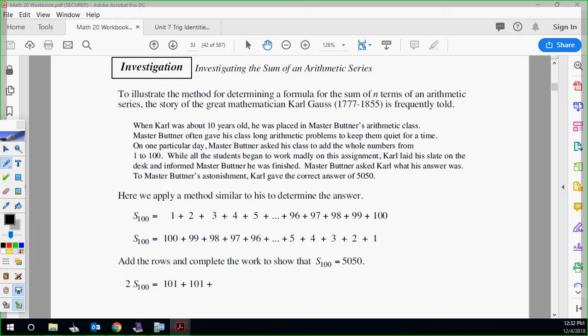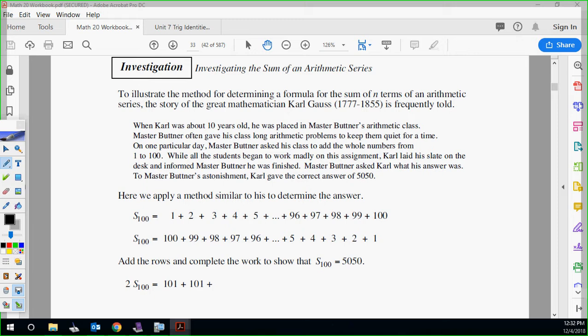Okay, but anyway, Gauss. It says, to illustrate the term and formula for sum, a great story about him was when he was 10 years old, which is crazy. He's placed in Master Butner's arithmetic class. Master Butner often gave his class long arithmetic problems to keep them quiet for a time. On a particular day, the teacher asked the class to add all the whole numbers from 1 to 100.